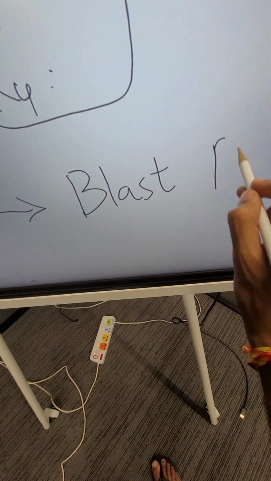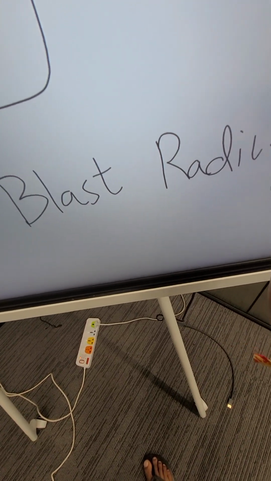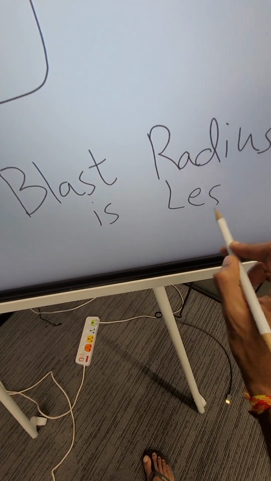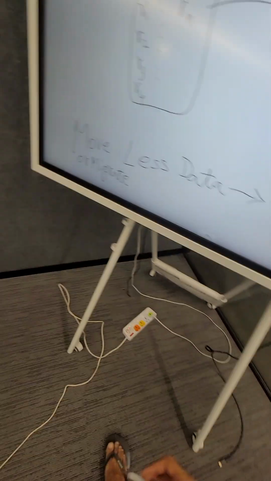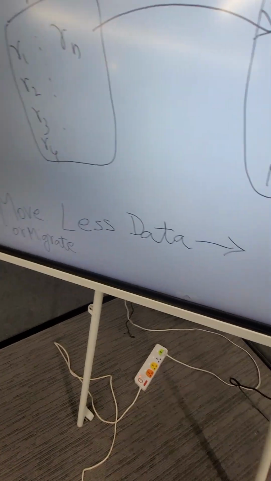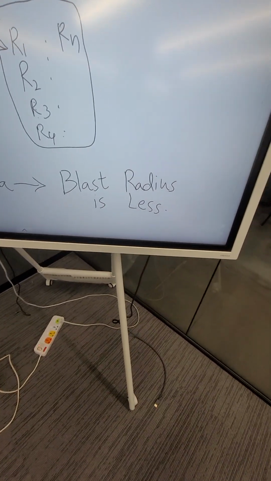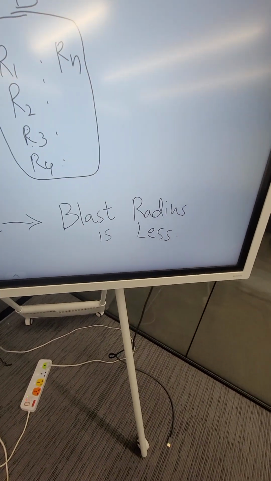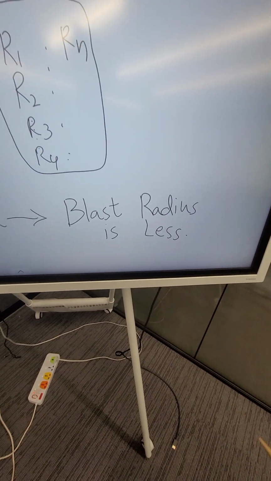If some issue occurs, you can easily roll back because it's only a little data. But if you move all of the data at once, then the blast radius is pretty high, and a lot of systems get affected, and then you'll have to do a big rollback, right?